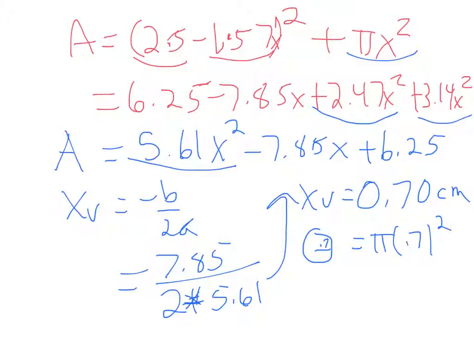So we have 3.1416, etc., but I could just put the pi symbol in, times 0.7 squared, which is 0.49. That works out to 1.54. So the area is 1.54 on the circle.